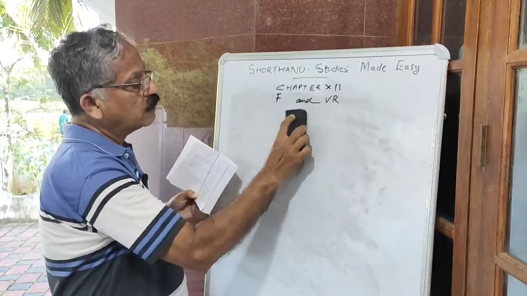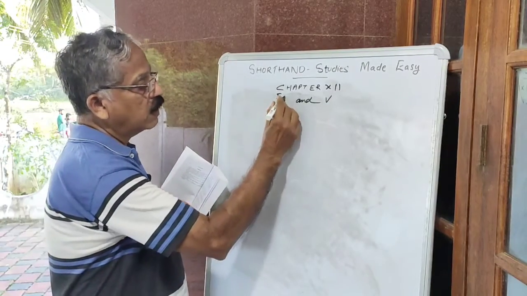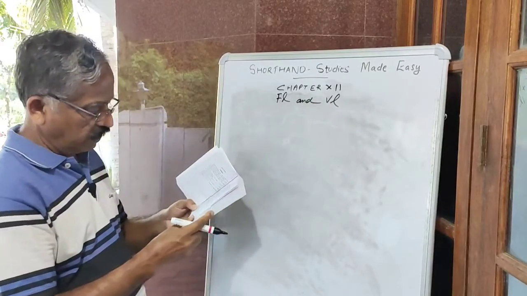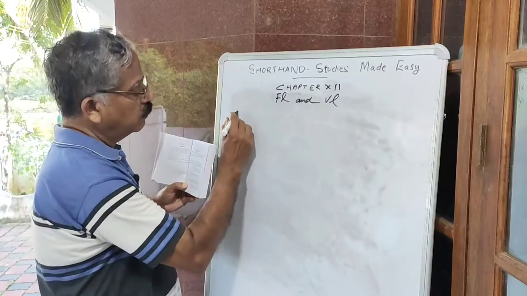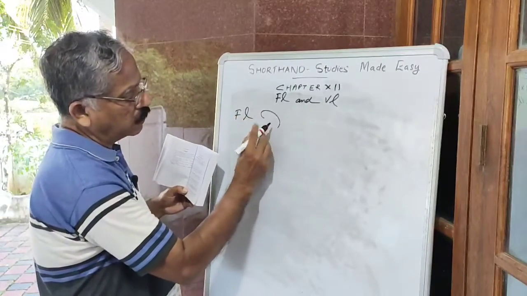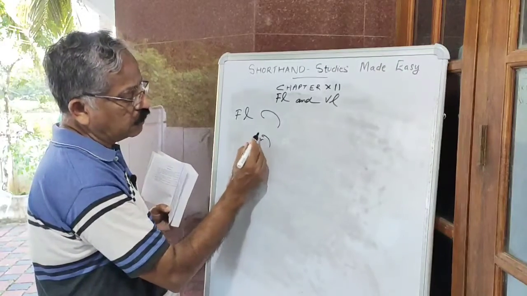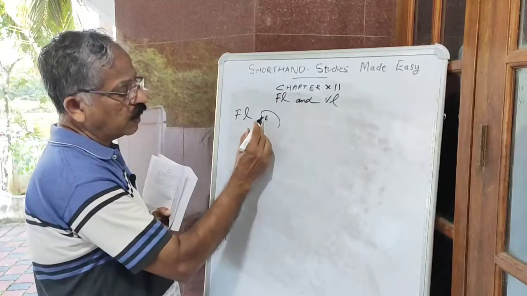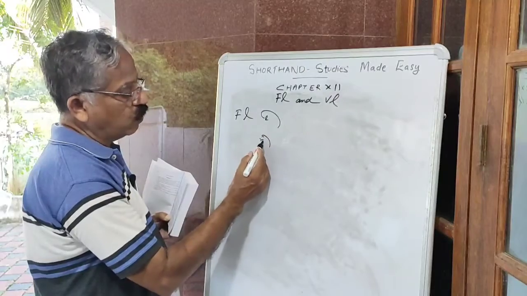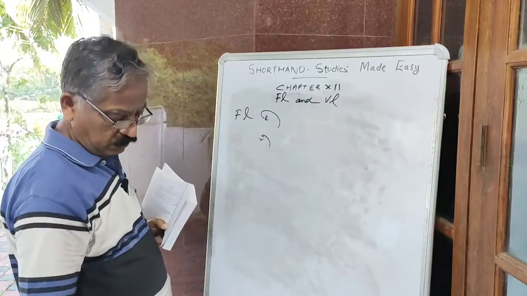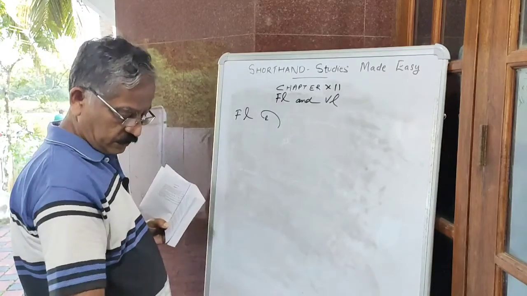Now we have to write full and wool, the FL sound and VL sound. How to write the FL sound here? Full is the bigger hook, instead of writing the small one, because this is the R sound and this is the L sound. If it is a big hook, it represents the L sound. If it is a small hook, it represents the R sound. So we are studying full and wool now. R we already studied.